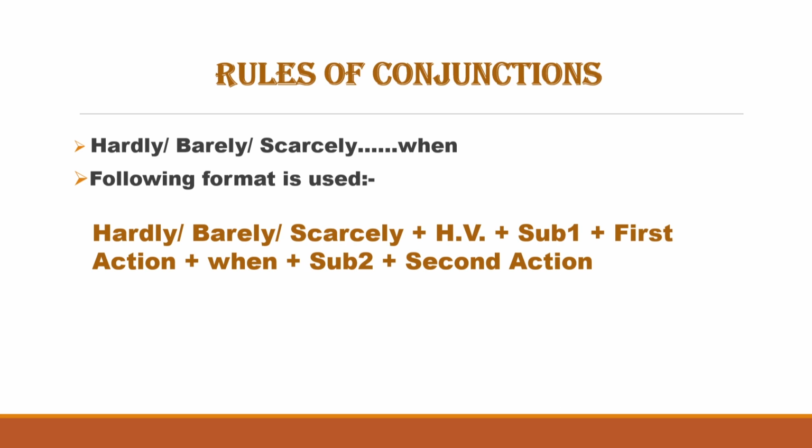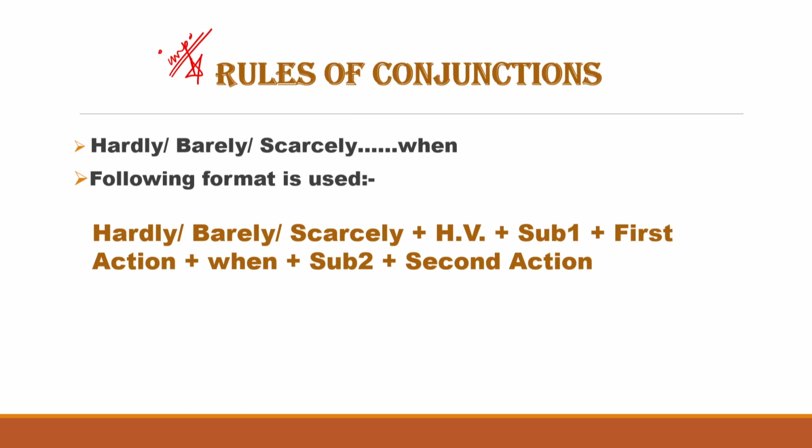Now, let's start with a few rules of conjunctions. These rules are really important, so note them down and learn them. They are frequently asked in your examinations. Now, first rule: hardly, barely, scarcely are used with when.